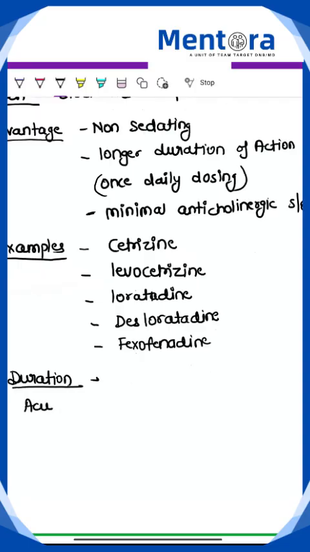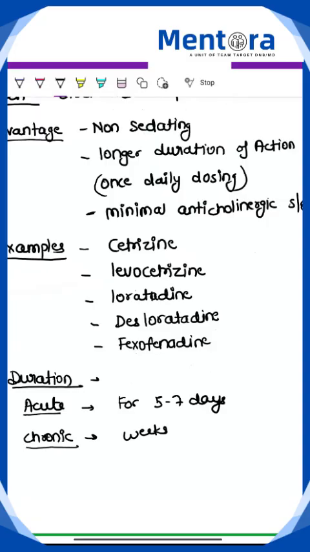Duration: in case of acute urticaria, you should give it for 5 to 7 days. If it is chronic urticaria, then we need to give it for weeks to months.